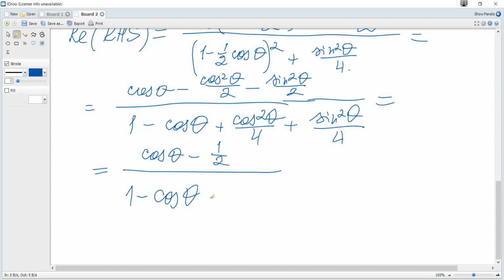And also, if we factor out 1 over 4 in the denominator, it is also multiplied by cosine squared plus sine squared, which is 1, so plus 1 over 4.